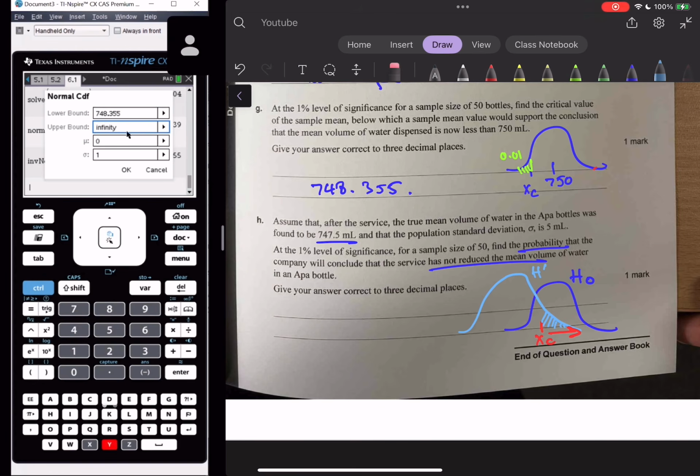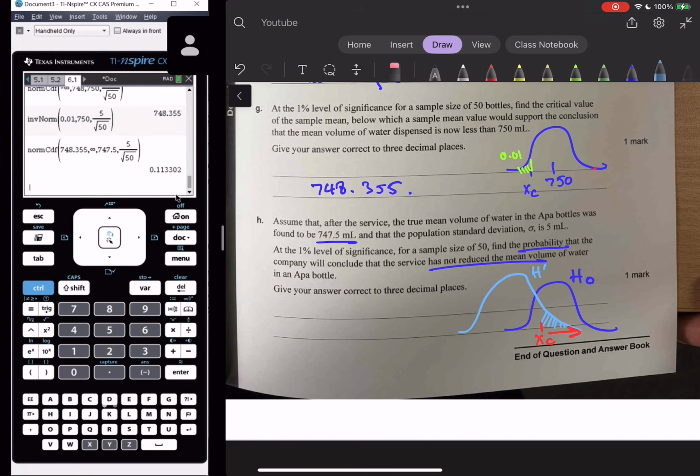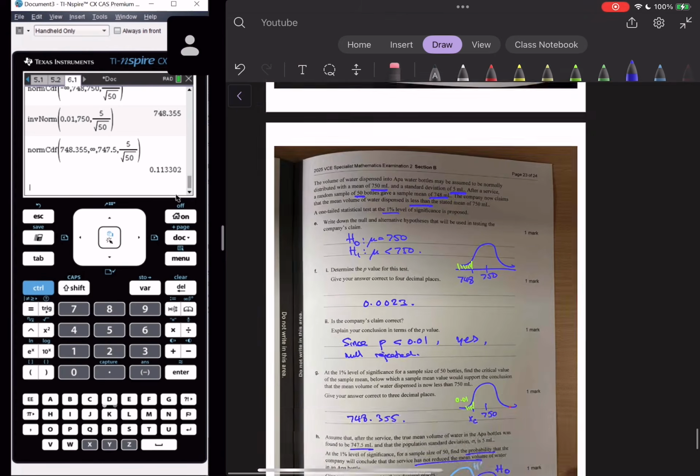The new mean is 747.5. Standard deviation is 5 divided by the square root of 50. There we go. Okay, and we've got 0.1133. That should be right there. So 0.1133. Okay, so that's the whole exam.